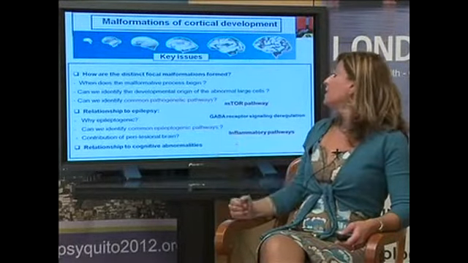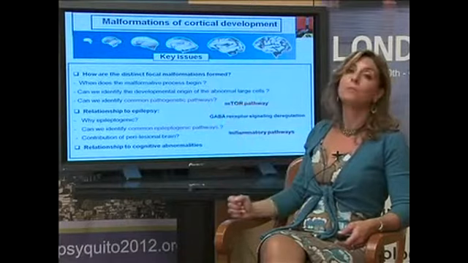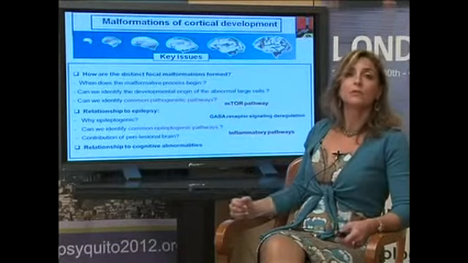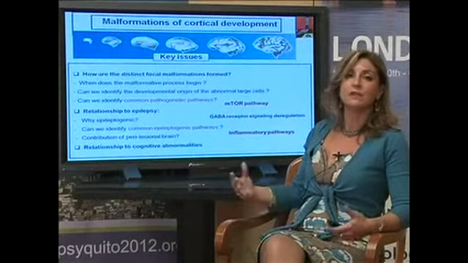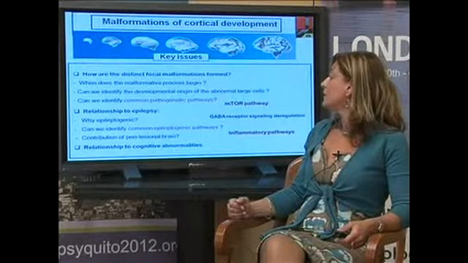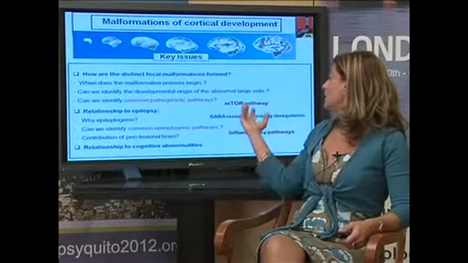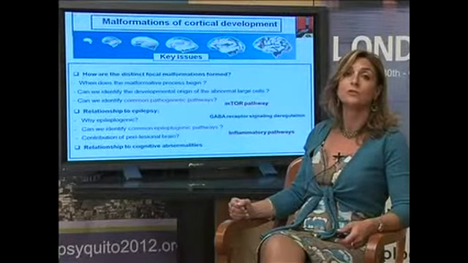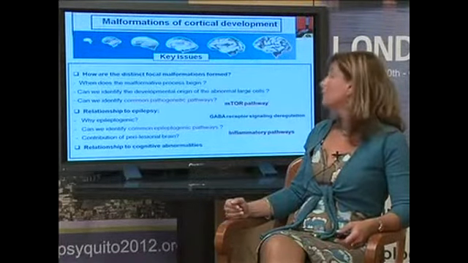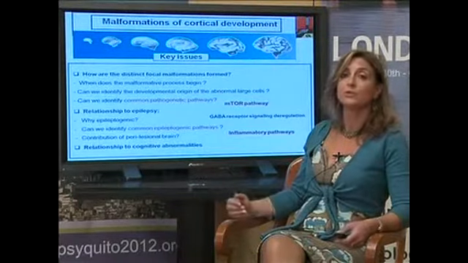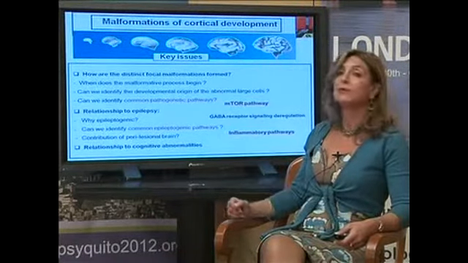We particularly focus on the mTOR pathway, which is a pathway important during development and related also to epileptogenesis. And among the epileptogenic pathways, we provide some evidence concerning the role of the deregulation of GABA receptor transmission, but also the role of inflammation.